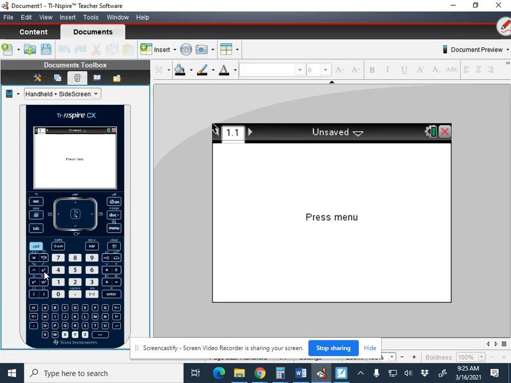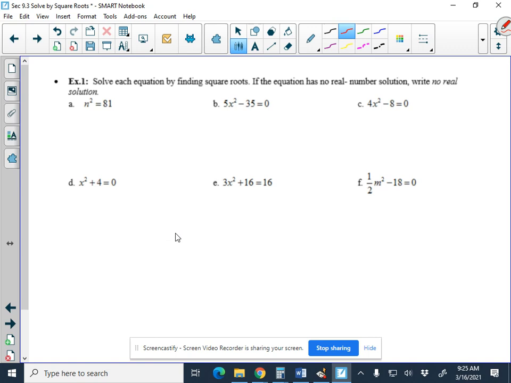If you see the x squared button, right above it in yellow on yours and blue on mine is what sign? What do we call that? The square root sign. So that's the inverse of squaring something. So if I were to square root this, I would get n.